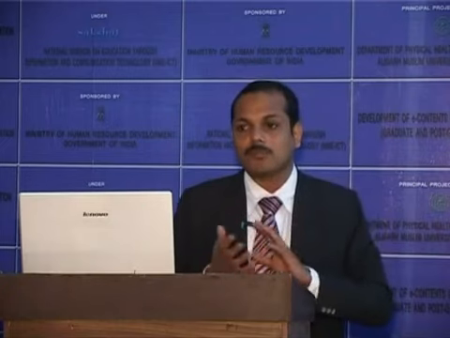Now we will go through the kinematics, the different movements in the knee joint, and kinematics can be classified into two categories. The first one is arthrokinematics and the second one is osteokinematics. Arthrokinematics means what is happening inside the joint, and osteokinematics means the same movement as seen outside the joint.